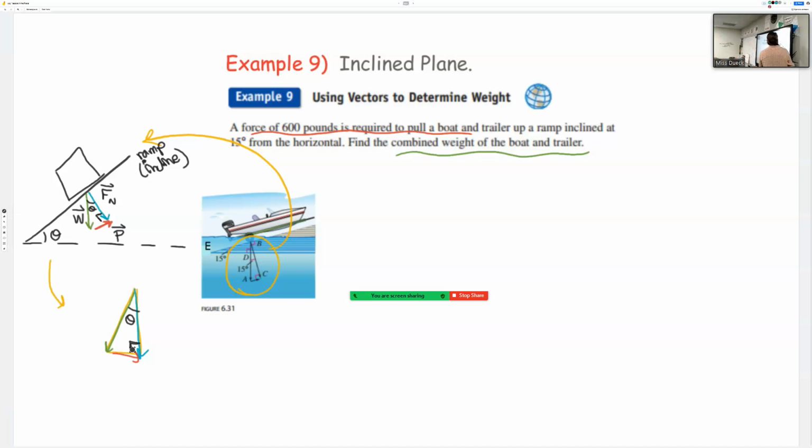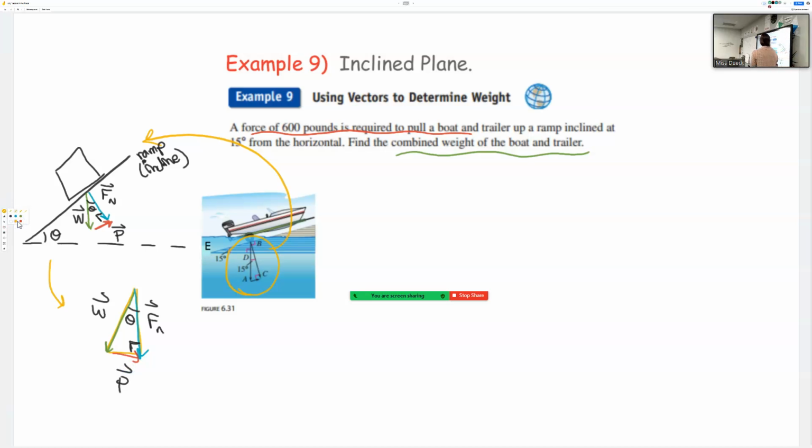So if I want to talk about the weight, there's the normal force. Oh, wait, I labeled the wrong one. The weight, the normal force, and the pulling force.